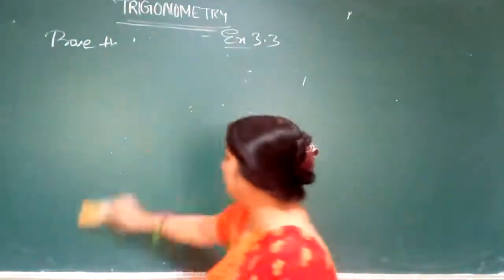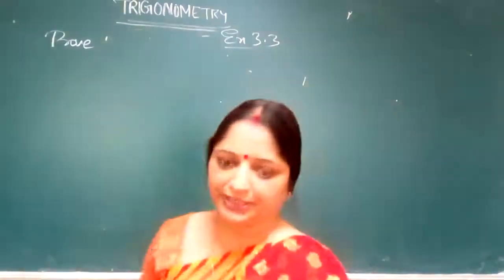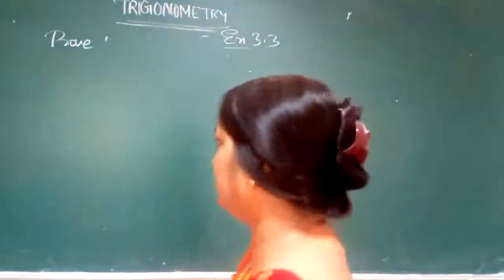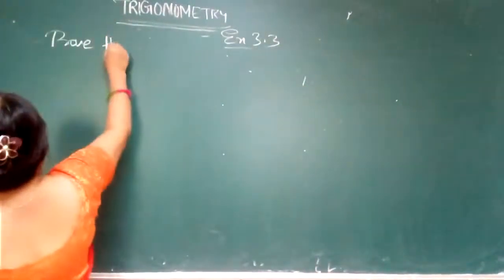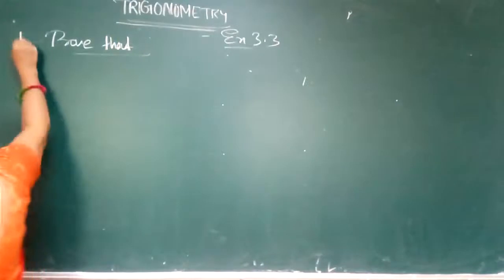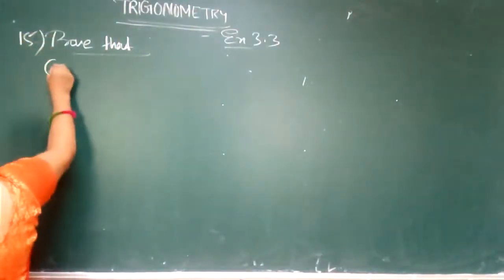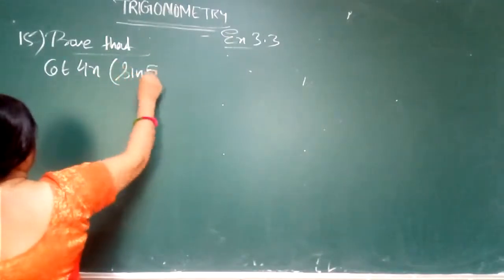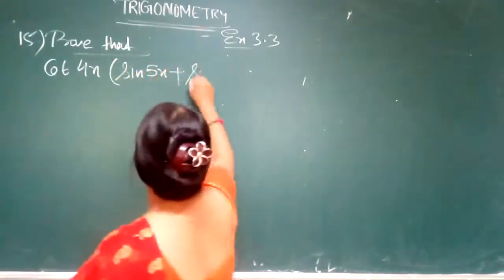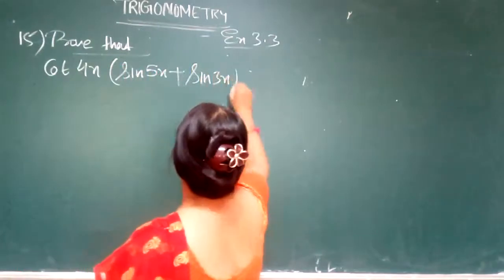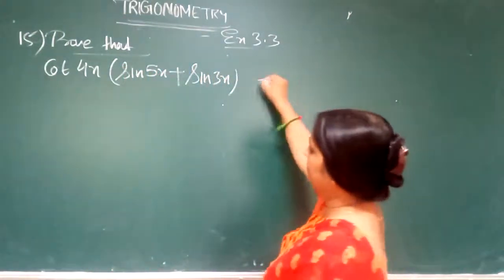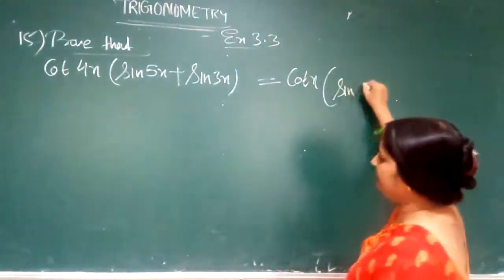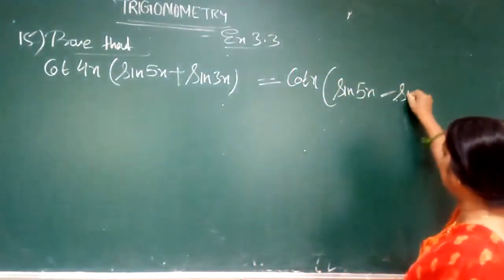Prove that cot 4x into sin 5x plus sin 3x is equal to cot x into sin 5x minus sin 3x.